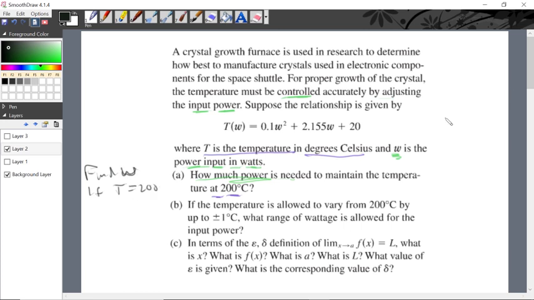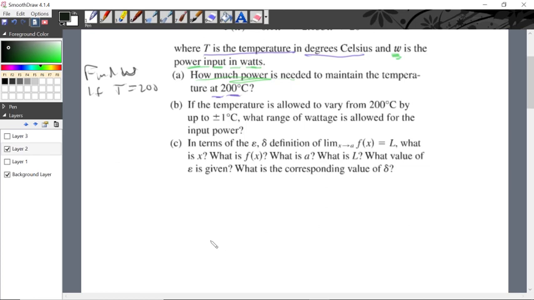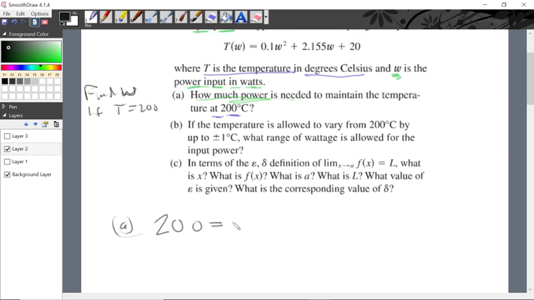So we go to the function for part A, and we set the output to 200. There it is: 200 is equal to 0.1 W squared plus 2.155 W plus 20.